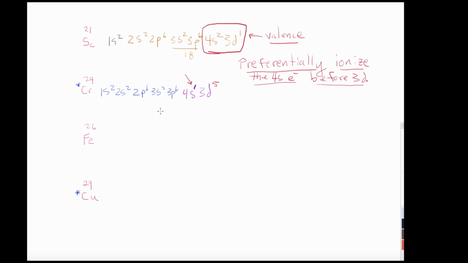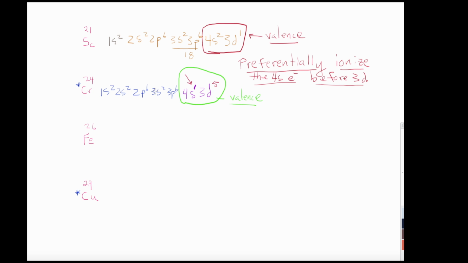The valence is 4s1, 3d5. I'll circle the whole thing. This is the valence. It includes the electrons in the 4s and the 3d.